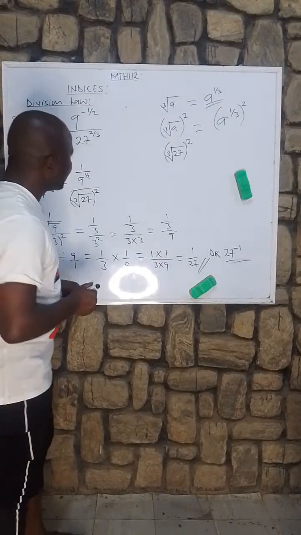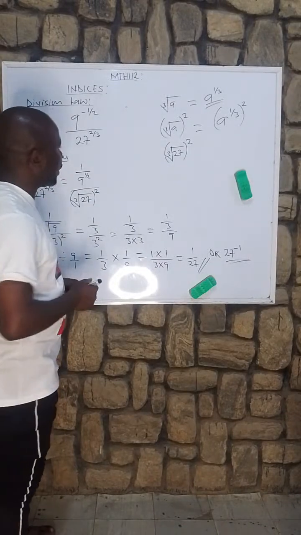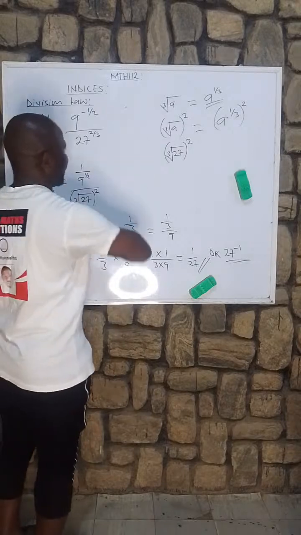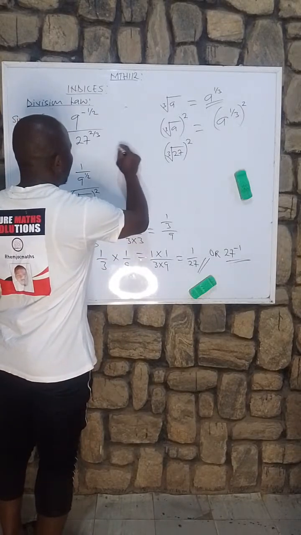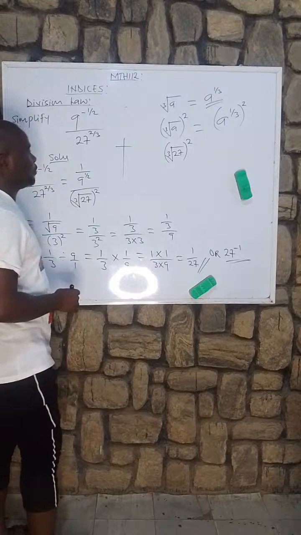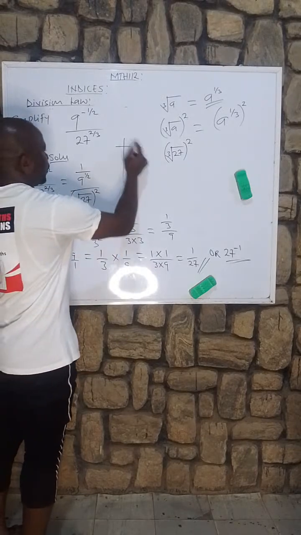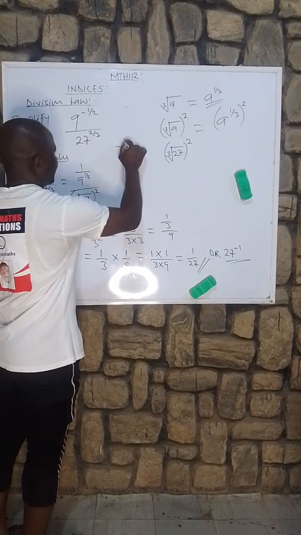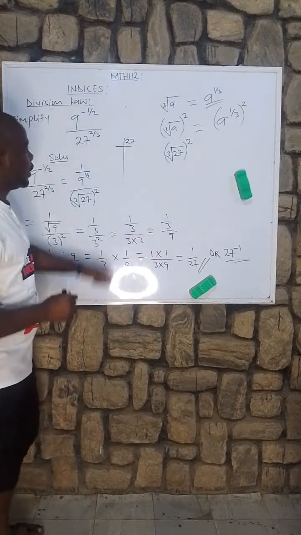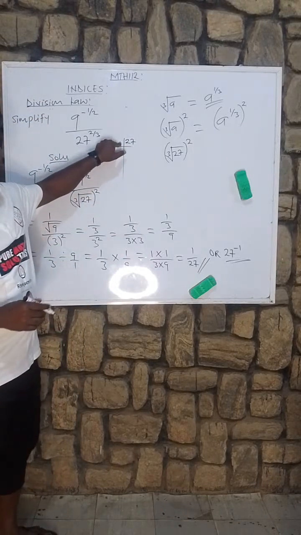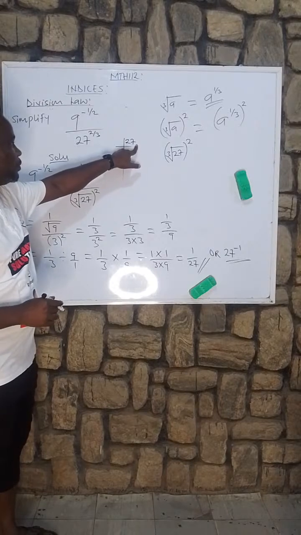Is that clear? So I now refer us to our primary school, how we normally divide. I said, let us, what is here? 27, right? Then let's start with the least number, 2, right? 2 cannot divide 27.